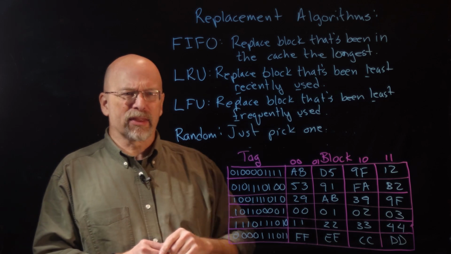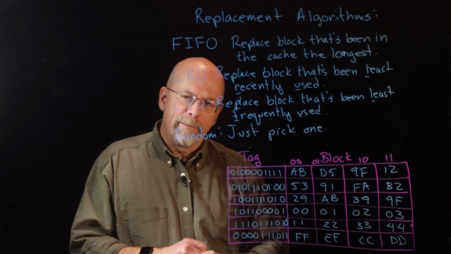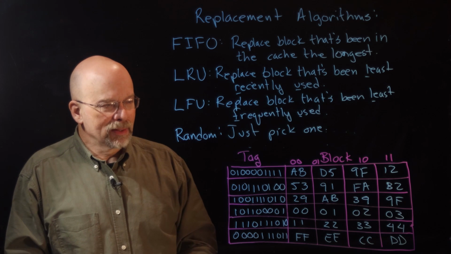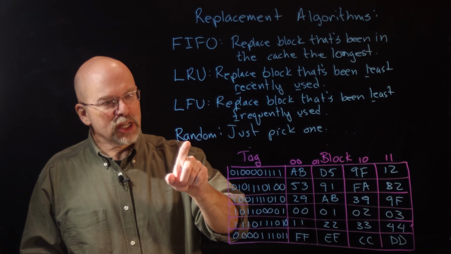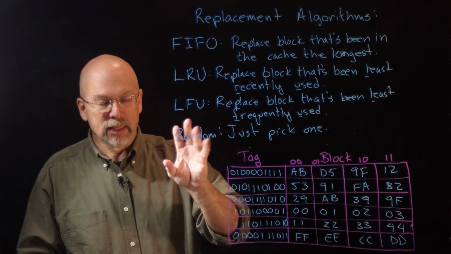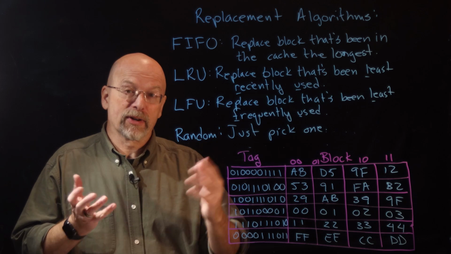Now, why would you pick this when, at least these first two, will perform better than random? Well, it turns out that because this one's so simple, it's really cheap and low power to implement. In other words, the processor itself doesn't have to go through a lot of computation to figure out which one.